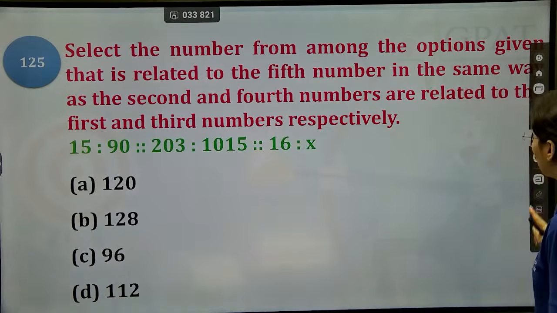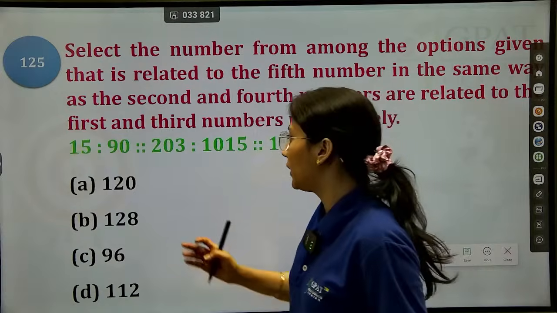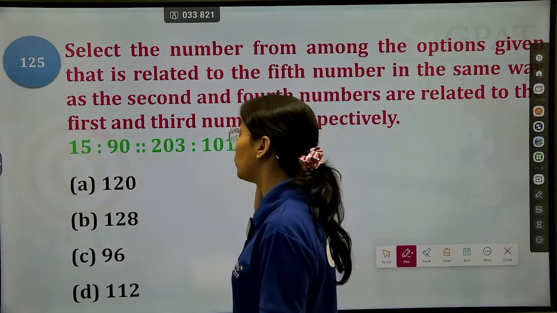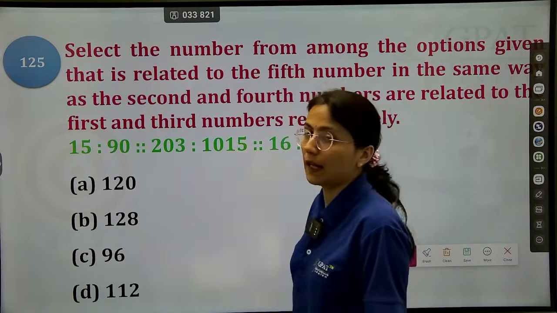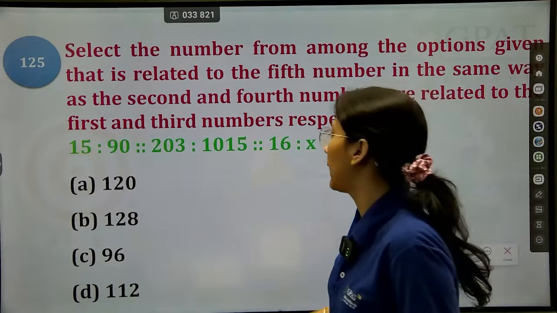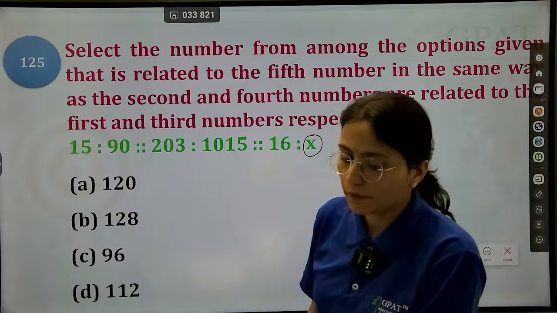So here some ratios and proportion is given, that is 15 ratio 90, that is 15 by 90, 203 ratio by 1015, proportion 16 ratio x. So we have to find the value of x in this ratio and proportion. Okay, so how do you get it?